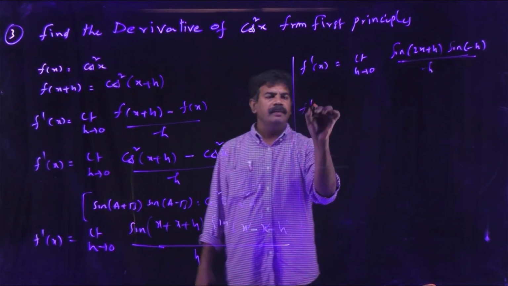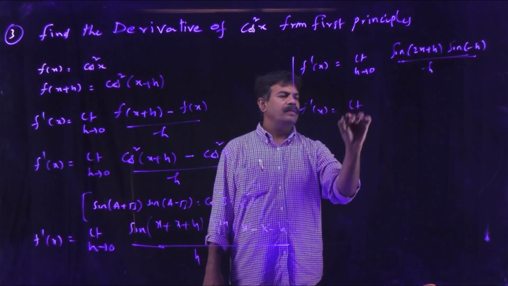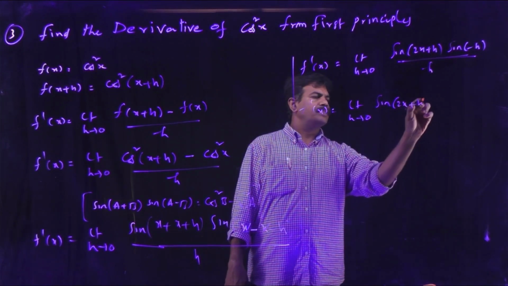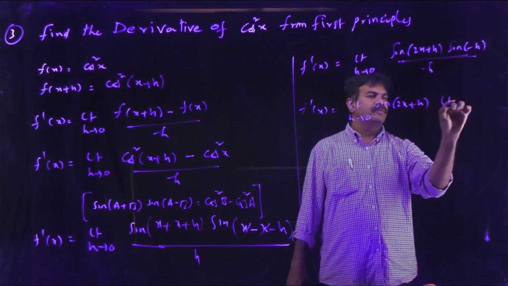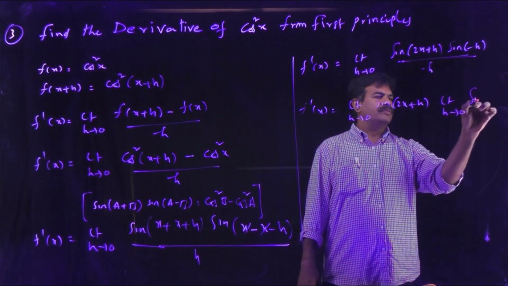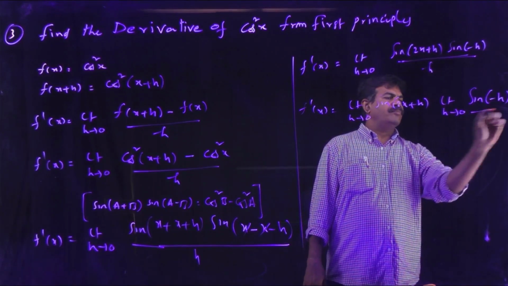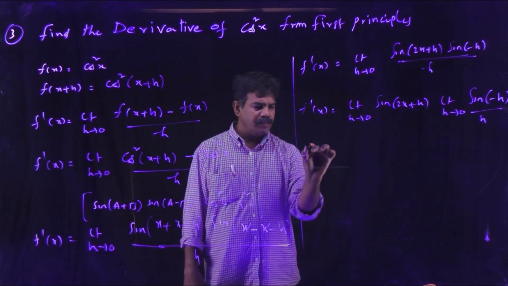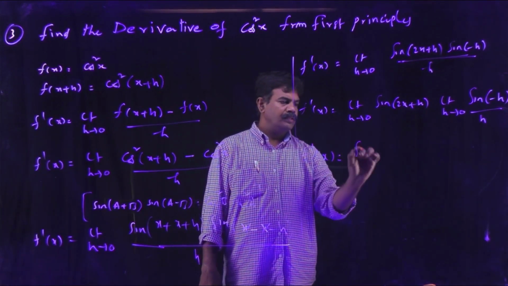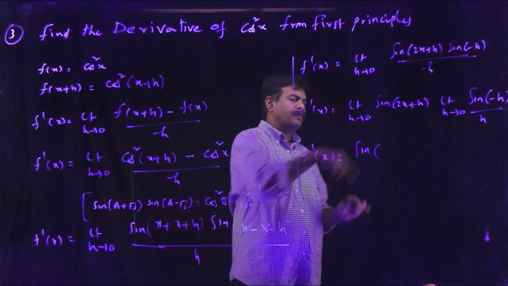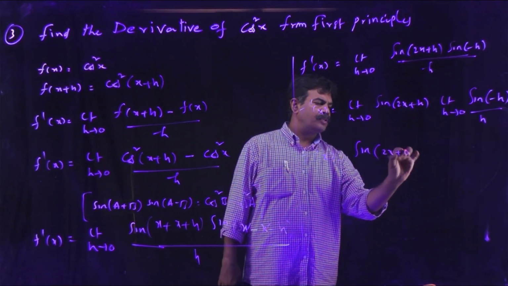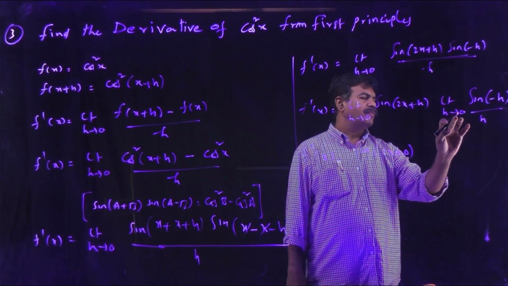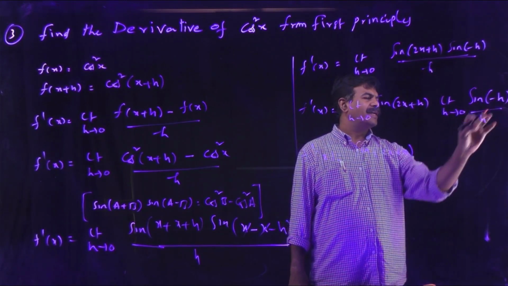That is, we write f dash x is equal to limit h tends to 0 sin of 2x plus h into limit h tends to 0 sin of minus h by h. So f dash x is equal to sin of, here we apply limit, that is 2x plus 0 into, here also we have the formula limit h tends to 0 sin ah by h.